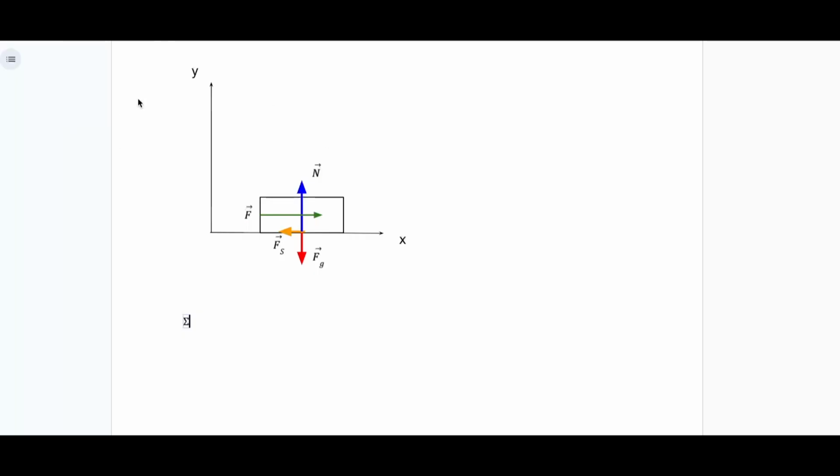So the sum of all the forces equals the gravitational force plus the normal force plus the applied force plus the friction force.